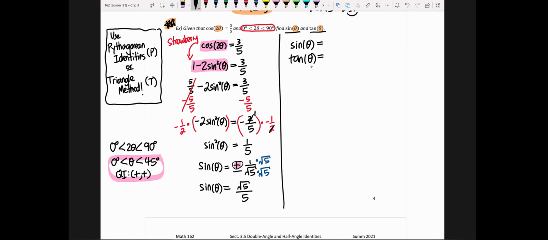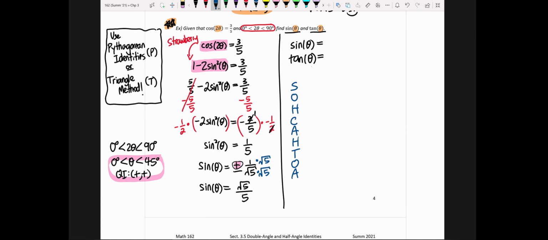Given cosine, we can find secant. Given secant, we can find tangent. So we could apply different Pythagorean identities to go from one trig function to another. However, sometimes the triangle method may be more direct because once you've drawn the right triangle, you can get any trig function evaluated at theta.